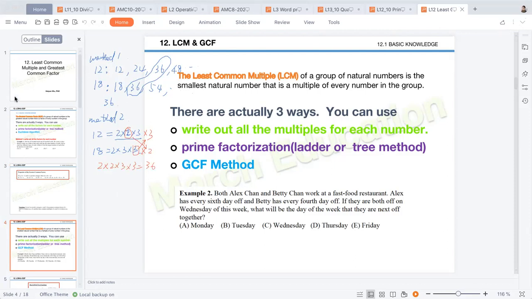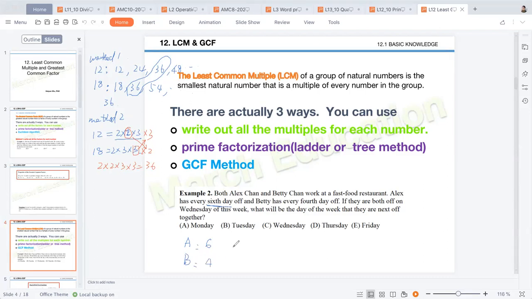Kevin also got the right answer. Alex and Syria got the right answer too. Thank you. So for Alex, this is 6 days off, and for Betty, it is 4 days off.